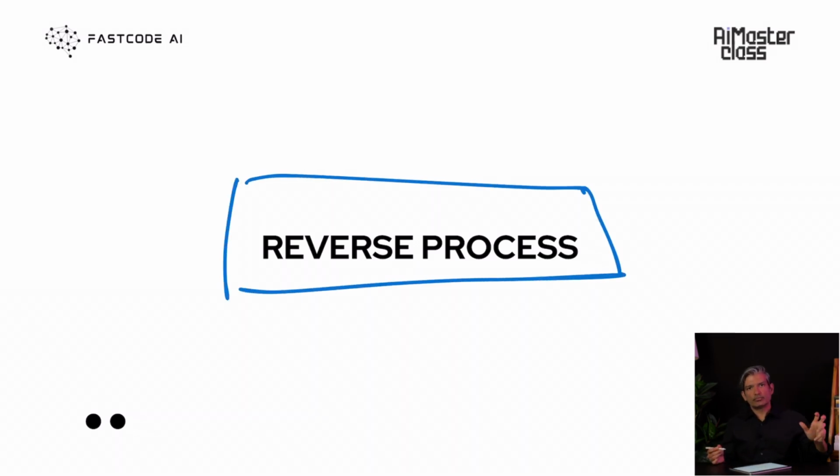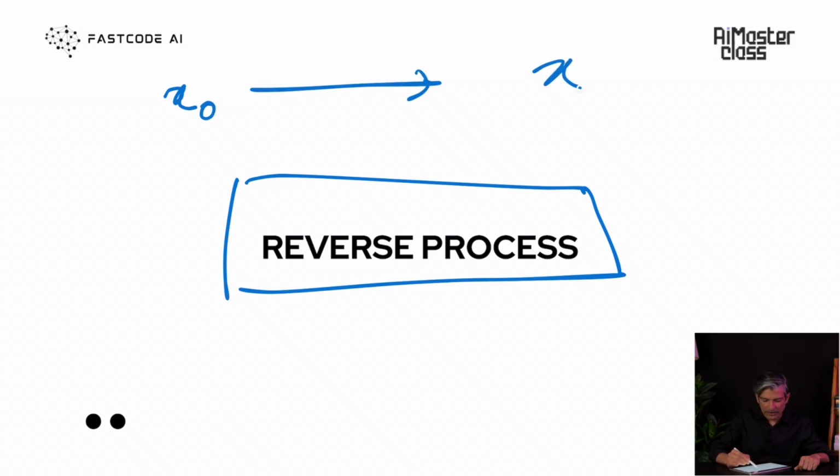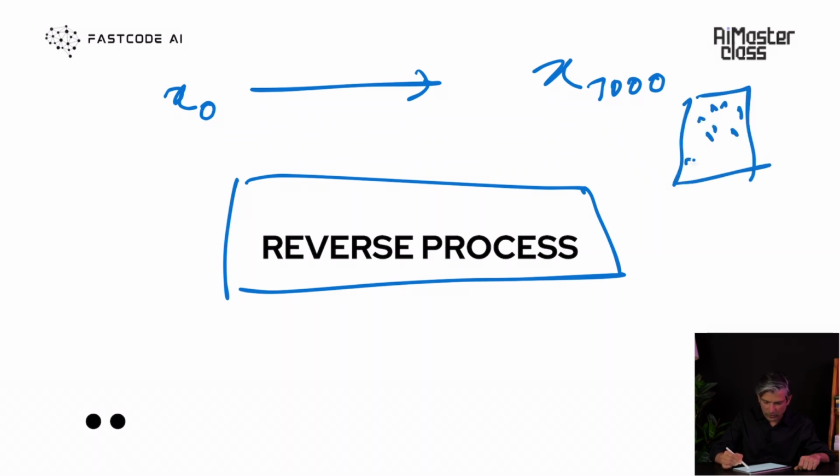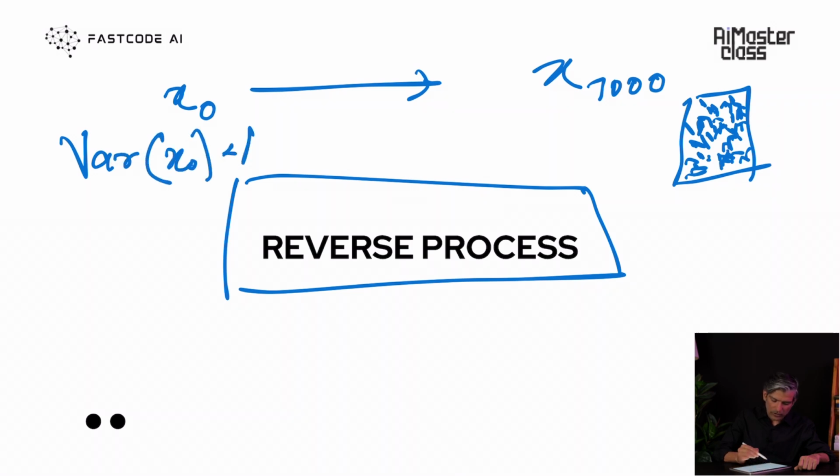And now we talk about the reverse process. What I want us to understand is we started with the forward process. We started with an image x0 and we made it noisy, let's say x100. x100 is really noisy and looks just like noise, almost like static noise. The good news is that we have maintained the variance of x0 equal to 1.